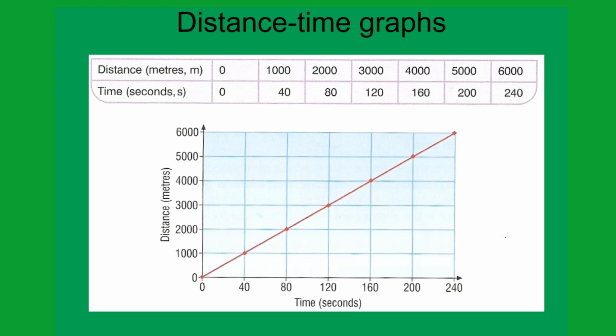We can plot this distance and time in a graph, which is known as a distance time graph. We can plot this easily. Remember, when we plot a graph, in the horizontal axis we should put the independent variable, and in the vertical axis we should put the dependent variable.